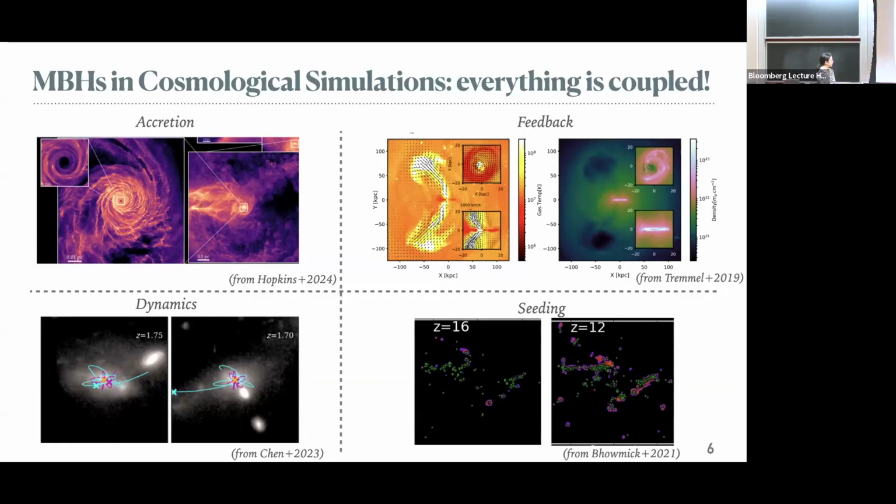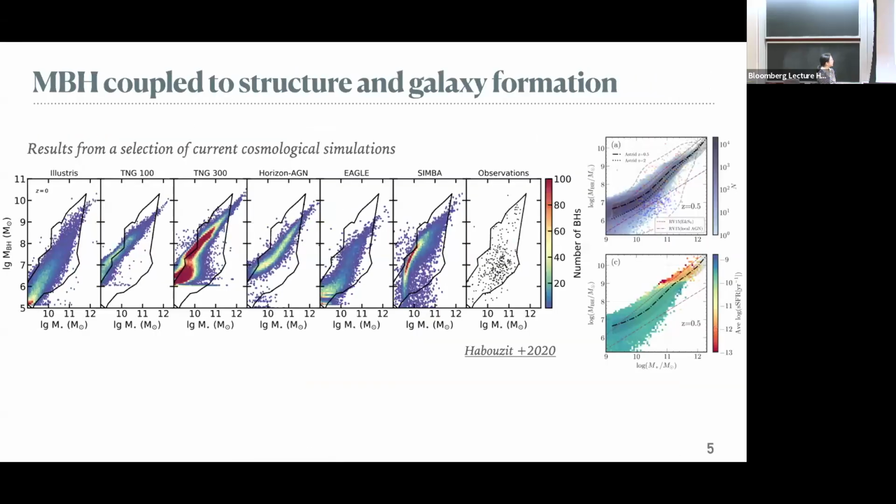On the dynamics end, out of all these simulations, only Horizon and Astrid have a serious dynamical treatment. All the other simulations pin the black hole at every galaxy center at each time step. So during a galaxy merger, the black hole will always be repositioned to the minimum potential place.